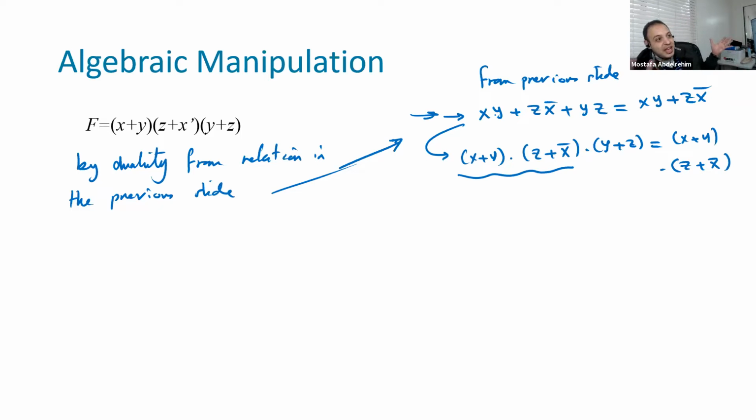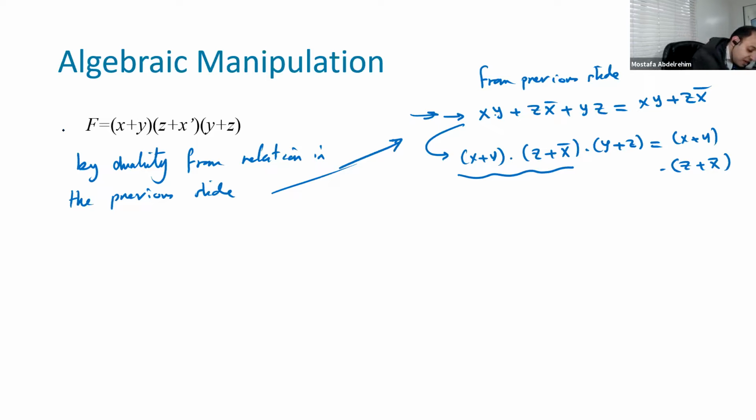And of course, we can prove it using the truth table. But this is now not a proof because we want to simplify it. The truth table will give you the value of f, so it will not be a way to deduce a simpler form for f.